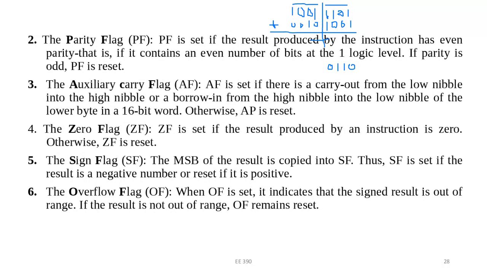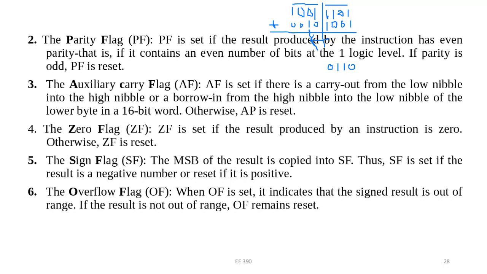All right. So in the addition case, if there is a carry out from the lower nibble to the higher nibble, or in the subtraction case, a borrow in from the higher nibble into the lower nibble, then the auxiliary carry flag is set. Is it okay? Do you understand it now? So let's see the statement here.